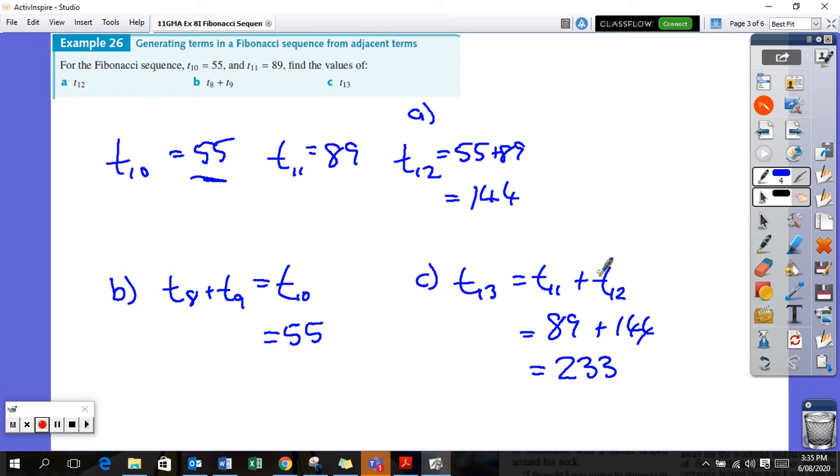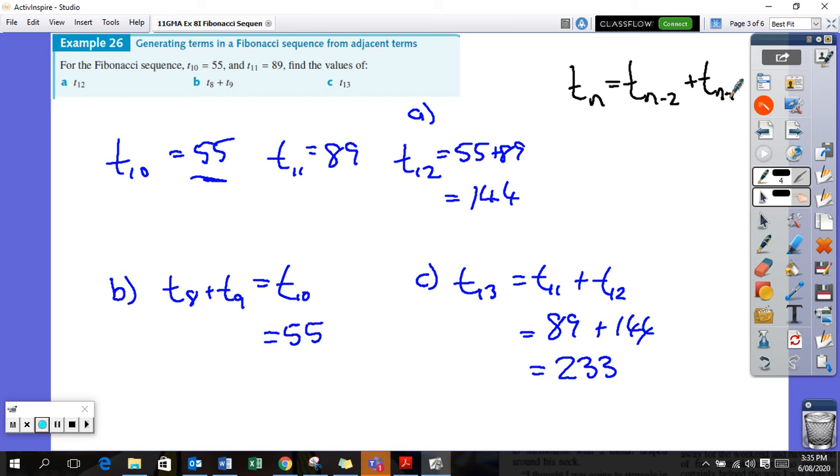You can see down the bottom of page 402, they've actually generated the Fibonacci sequence. Term 1 is 1, term 2 is 1, term 3, we add the previous two, term 1 and term 2, and we get 2. And it shows you the way it's generated. And the rule for the Fibonacci sequence is T of n equals T n minus 2 plus term n minus 1.